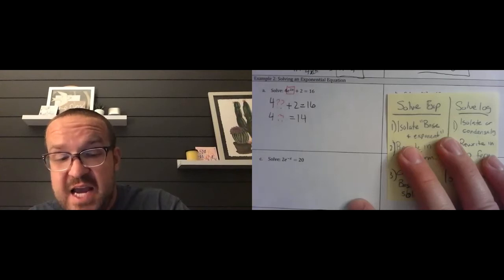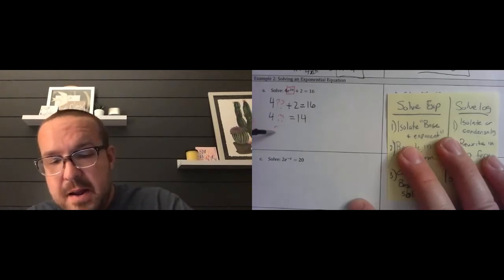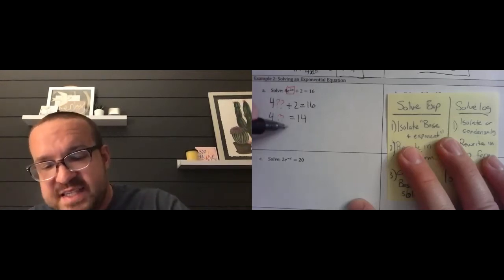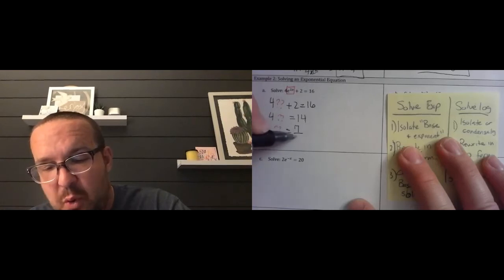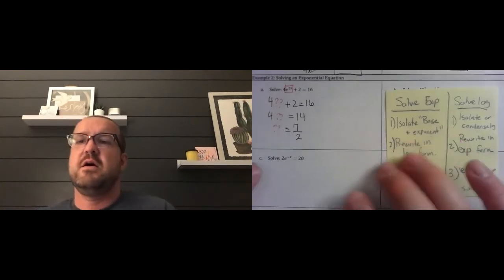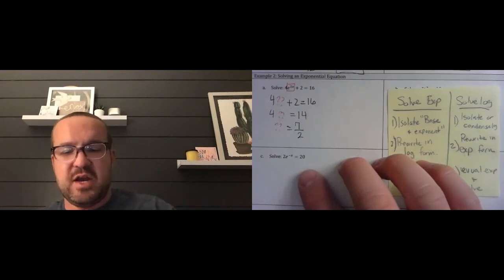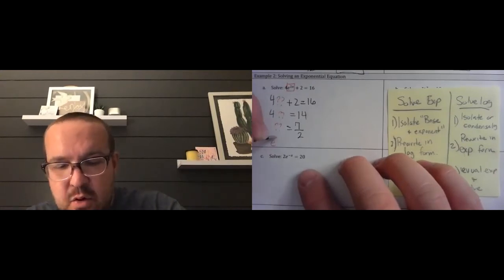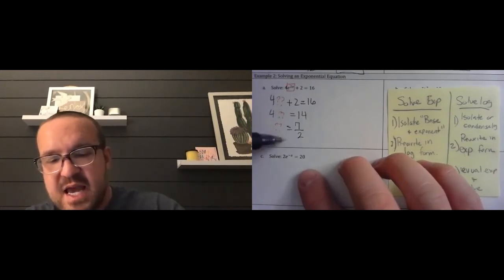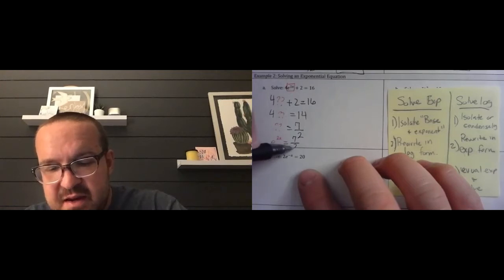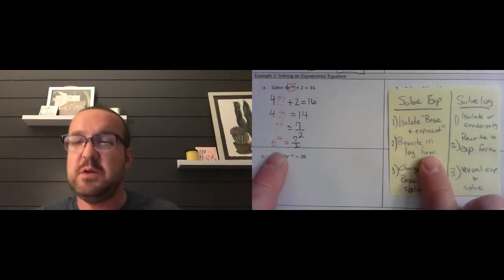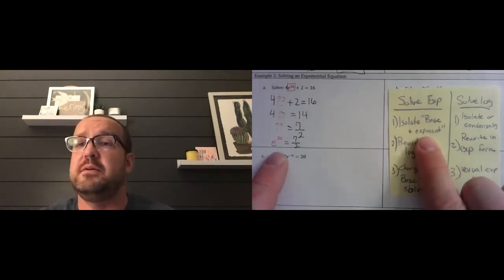I would divide by 4, and that would equal 7/2 or 3.5. And now what I have here is that e raised to the 2x equals 7/2. Now, basically what I've done here is just step 1.